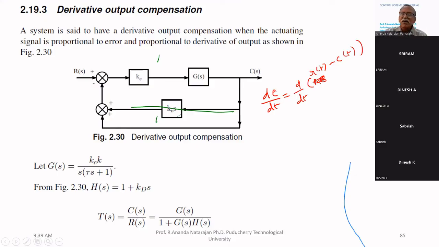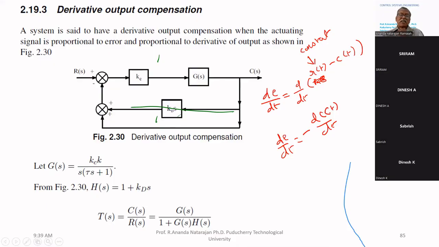No, it is a constant. Most of the time it is constant. Therefore, de/dt is equal to, if r of t is constant, minus dc of t by dt. Am I correct or not?